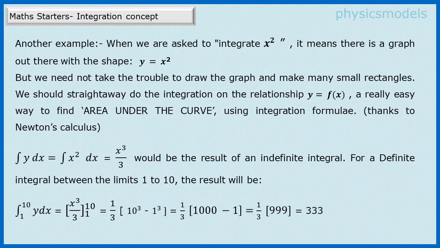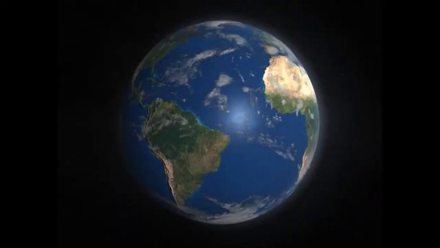It's given here and we will arrive at a number like 333. So in this way, we can see that the concept of integration is really very basic and simple, and we can also apply it to a real life situation. Thank you very much, and I hope you enjoyed this particular video.